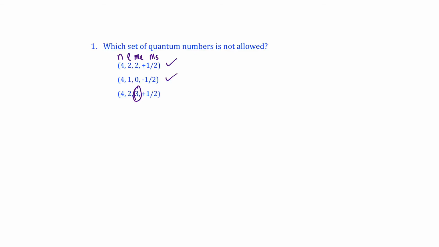Remember, your m sub l can only be minus 2, minus 1, 0, plus 1, or plus 2 for l equals 2. There's nothing wrong with that spin number, we can have a plus 1/2, but this m sub l value violates our quantum number rules, so that one is not allowed.